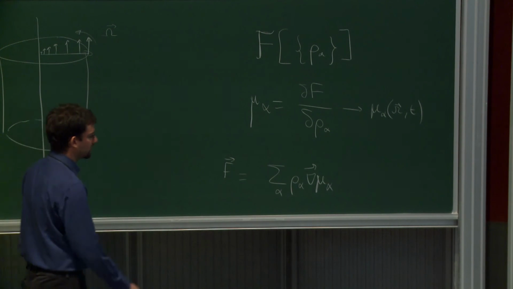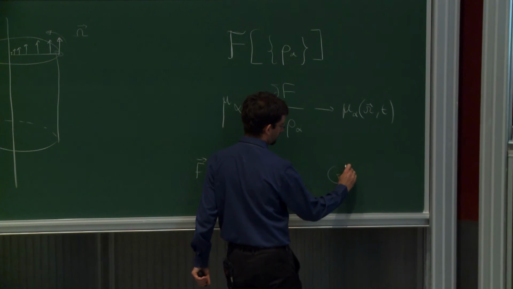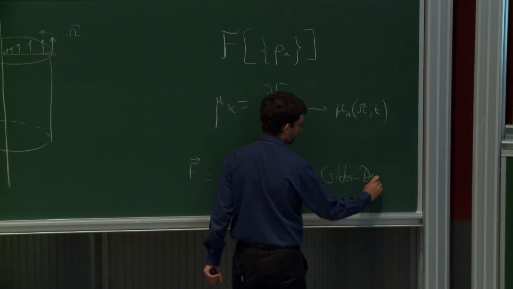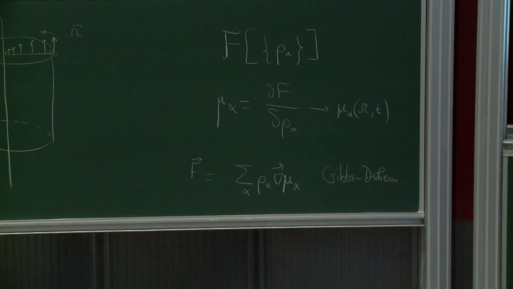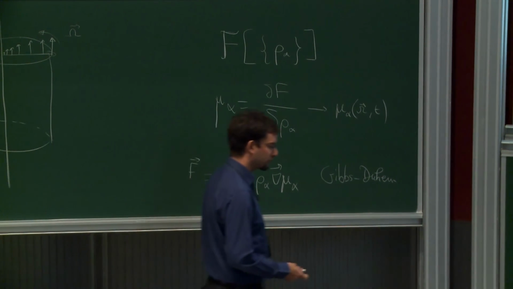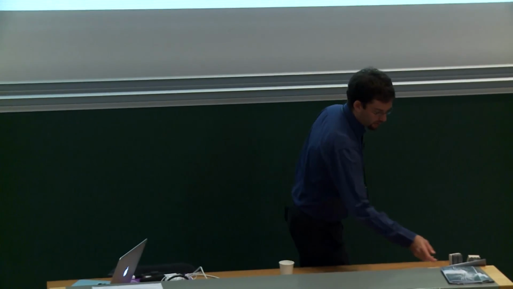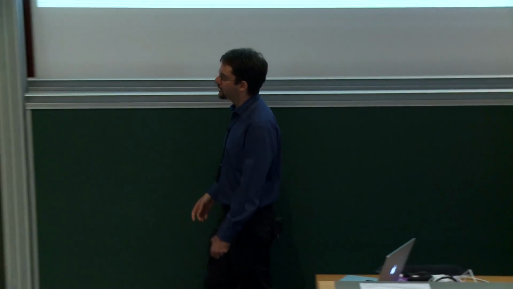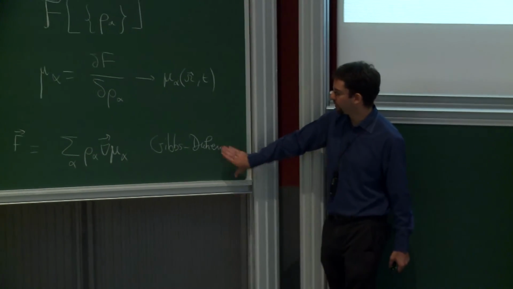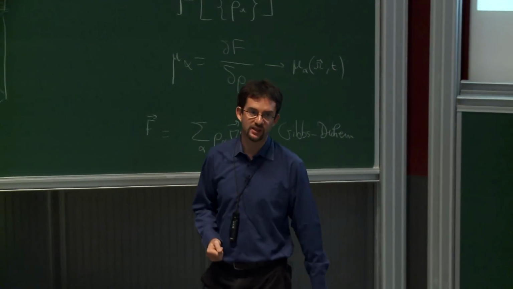And that's nothing but the Gibbs-Duhem equation that you know from thermodynamics. So based on your free energy functional, so that's your model of how the free energy depends on the local composition, you can compute the local force acting on your fluid. And that you can inject in the Lattice-Boltzmann algorithm.